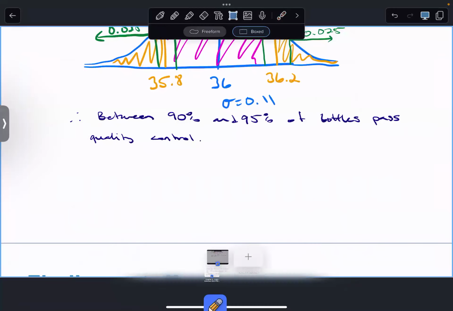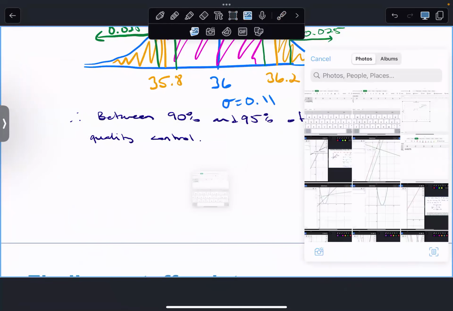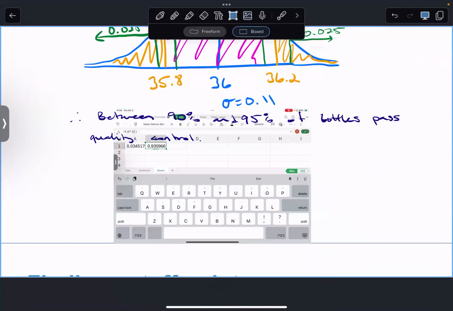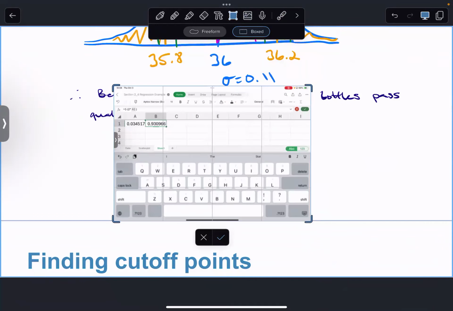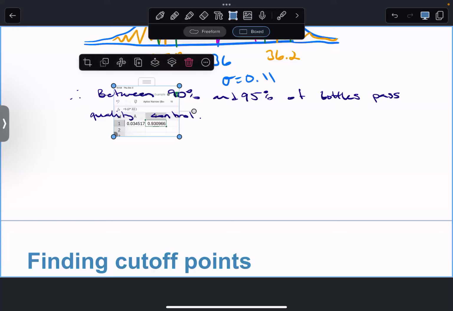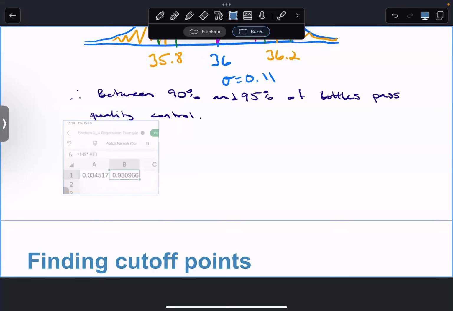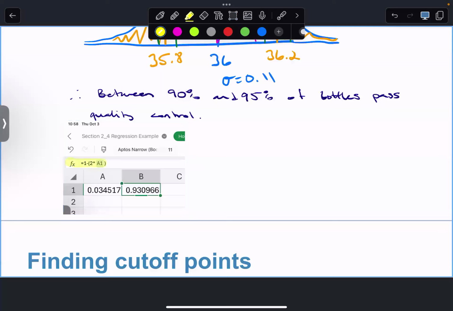That'll wake you up. You can play around with other ways that you could find that probability, but that's probably how I would do it. Again, this is for this calculation here, or using Excel, 93.0966% of bottles pass quality control.